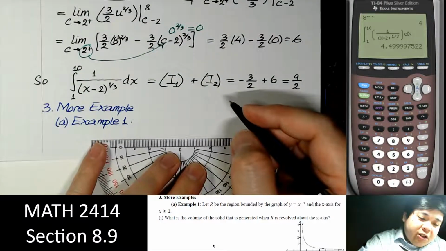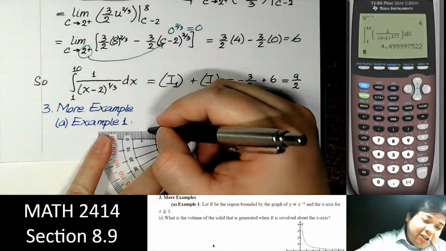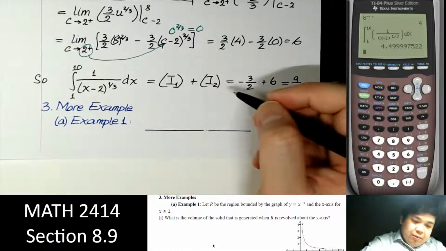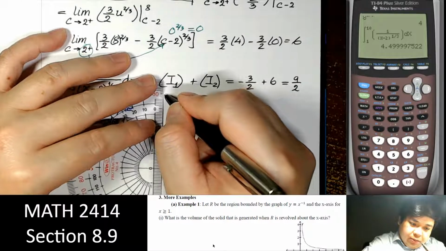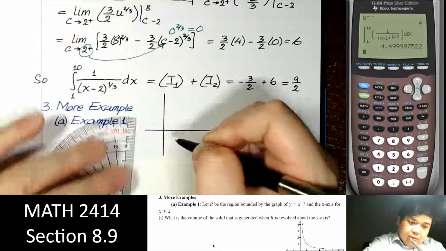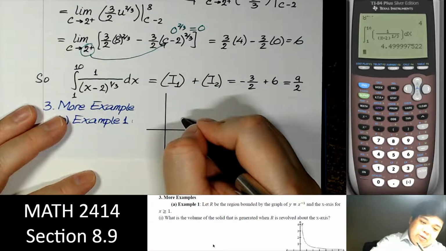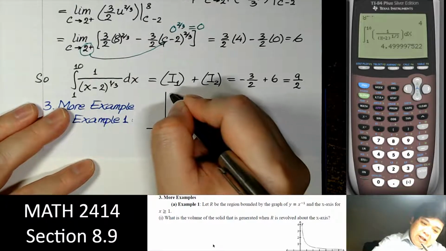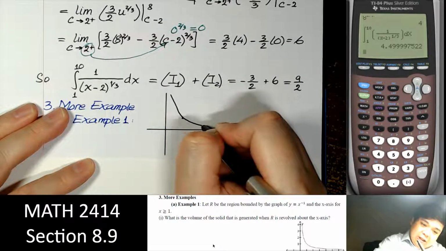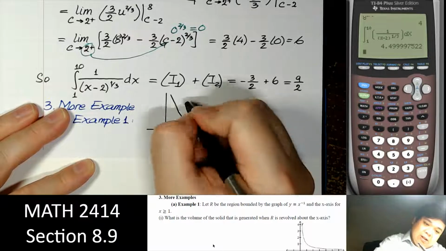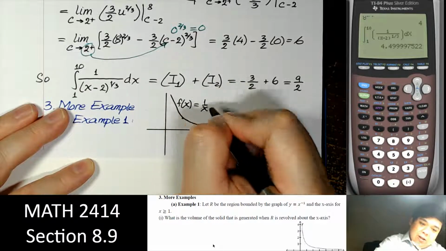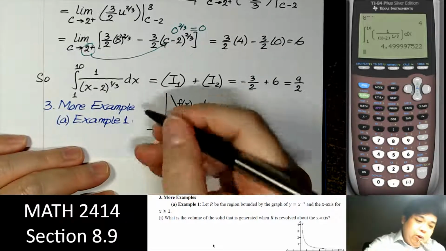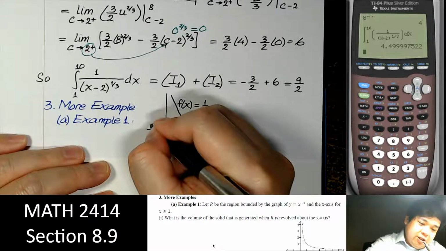So we have a function. We have the function 1 over x. And let this rotate about the x-axis.